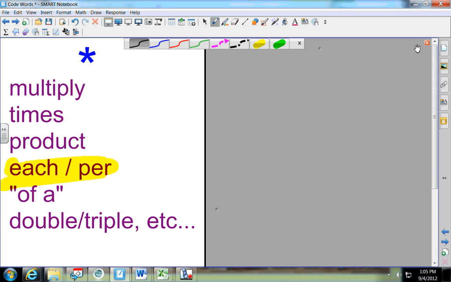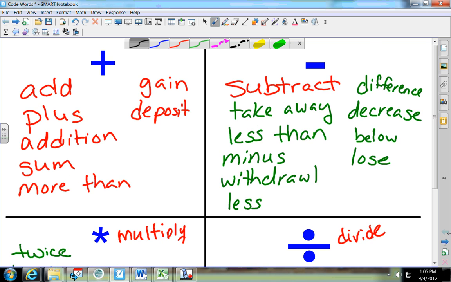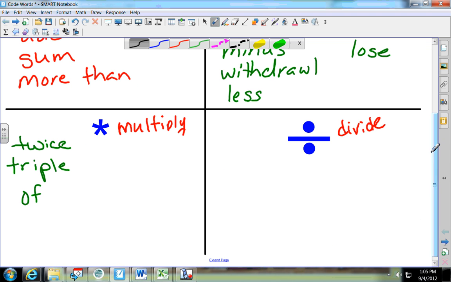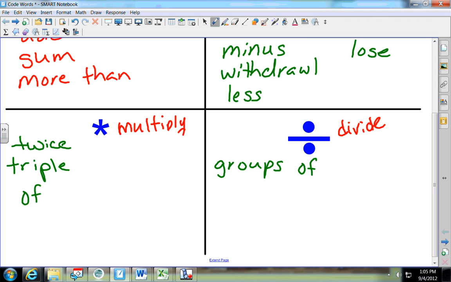Now, the other ones, if we go back, what about that divide? Oh, groups of. Groups of. Can anybody think? Split. I'm sorry? Quotient. Ah, half.